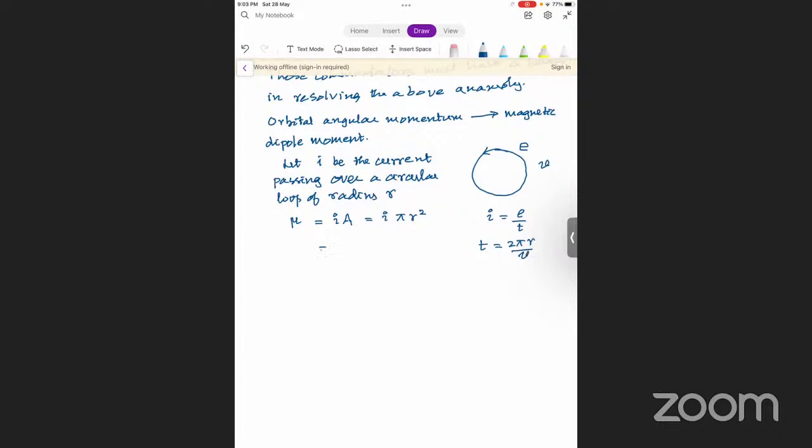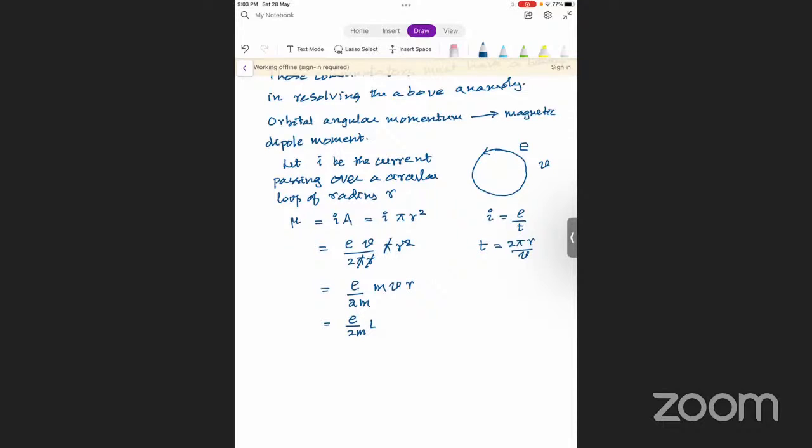Then I get e v by 2 pi r into pi r squared. So cancel pi, e by 2, and cancel one r, v r. I can multiply by m and divide by m. m v r is the angular momentum. So this is equal to e by 2m into L.